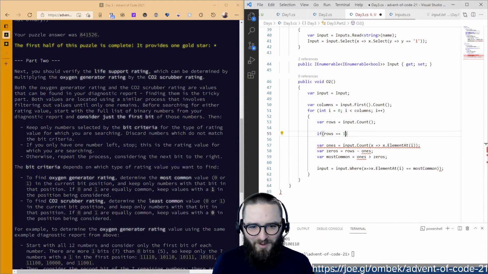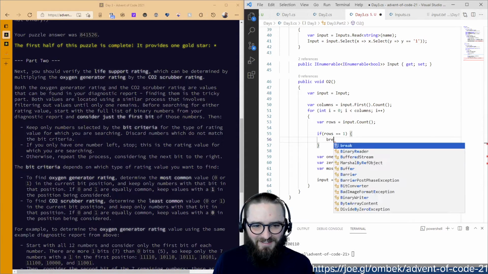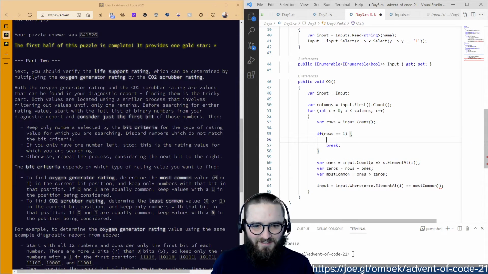If rows is 1, break. Yeah, rows is length.